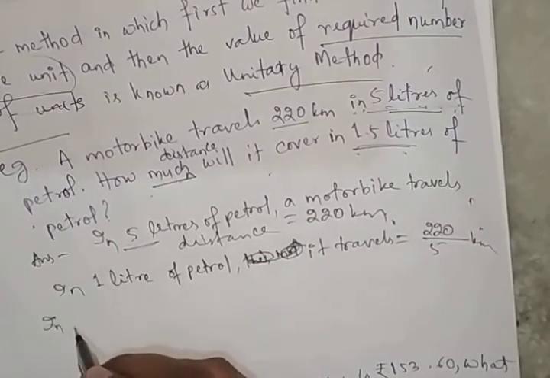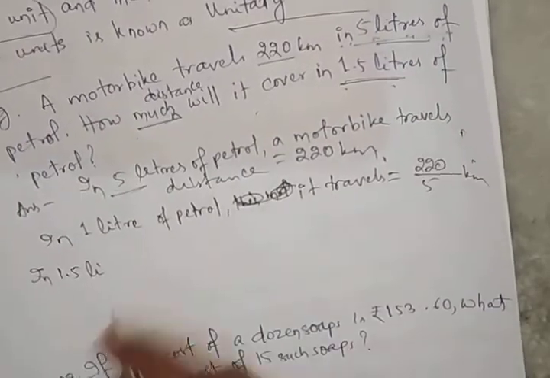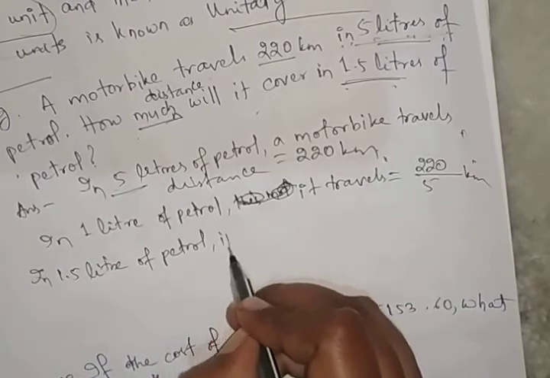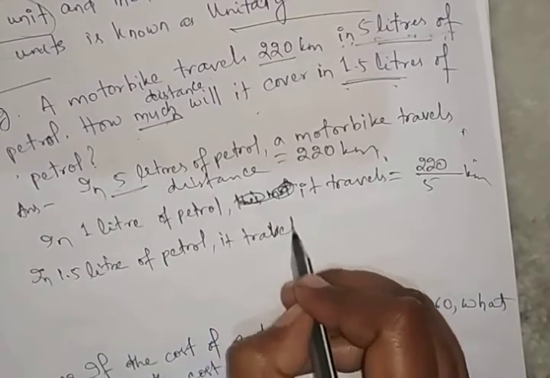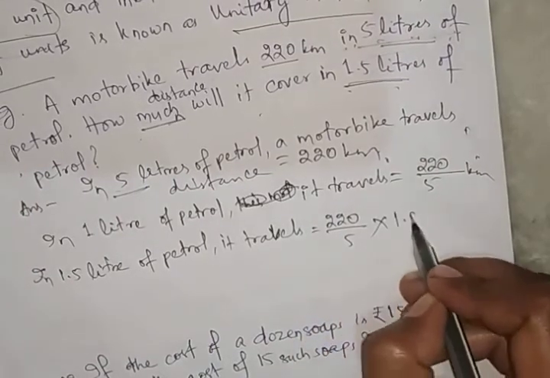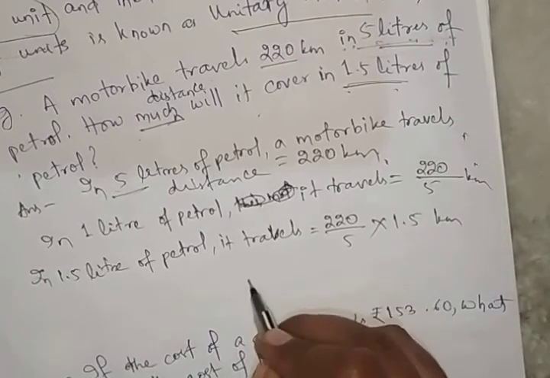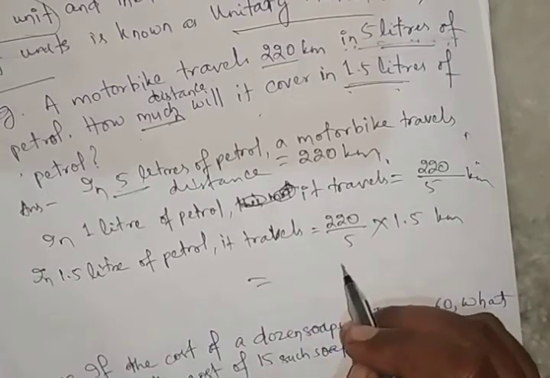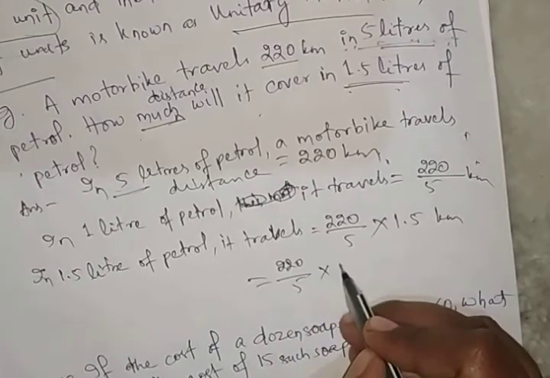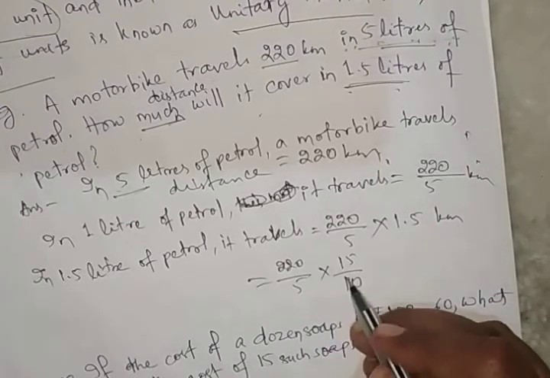Then you will write in 1.5 liters of petrol, it travels 220 by 5 into 1.5 kilometers. So first you have done division, then multiplication. So it is how much? 220 by 5 into 15 by 10, since 1.5 means 15 by 10 kilometer.